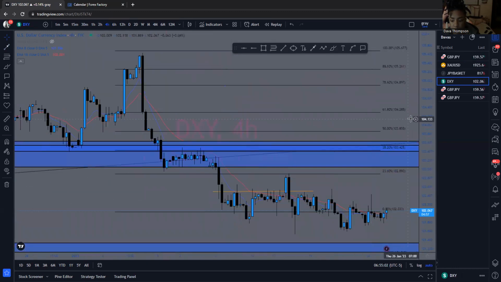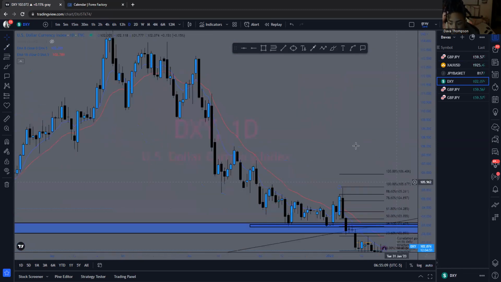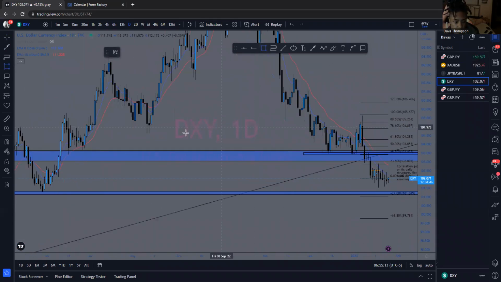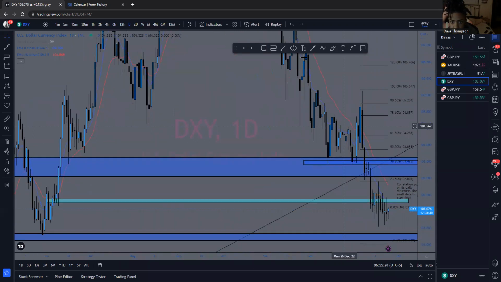Dollar is very, very bearish still. No matter what. Let's see. It's just super, super bearish. Could come and retest that level before continuing.